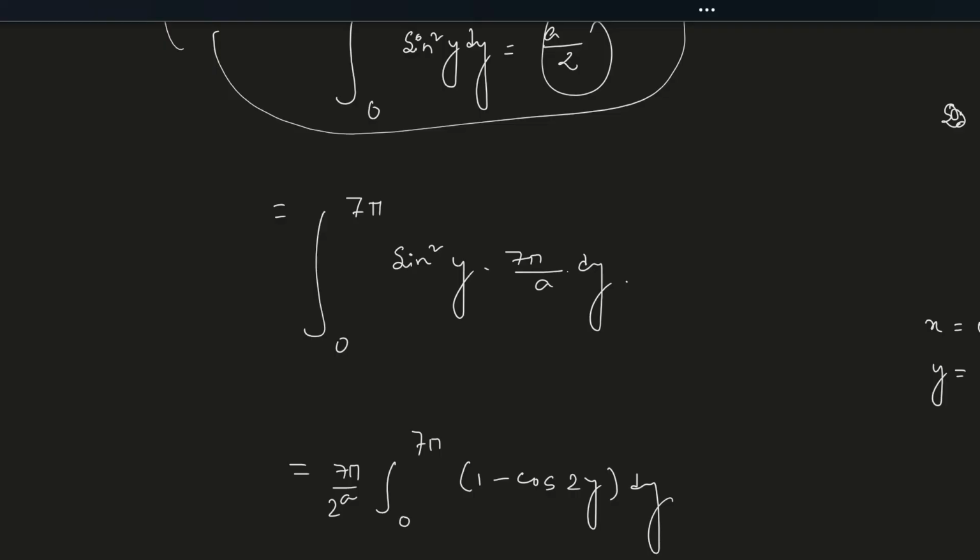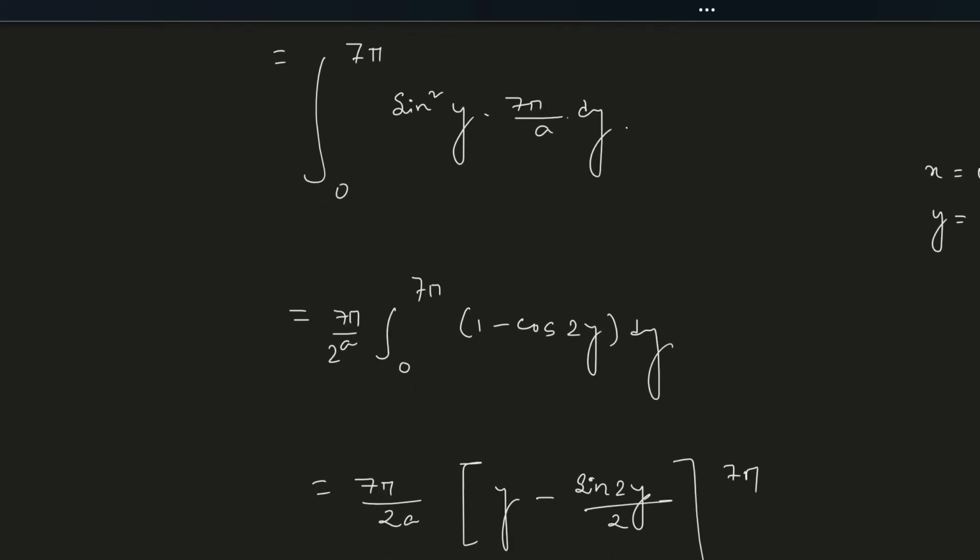Now this is 7 pi by twice a into this integral, first giving you y, minus cos integral is sine 2y by 2, from 0 to 7 pi. Now because sine 0 is 0 and sine some integer multiple of pi is also 0, this whole term from the integral limit will give you only 0, except for the first term which gives you 7 pi minus 0, that is 7 pi.